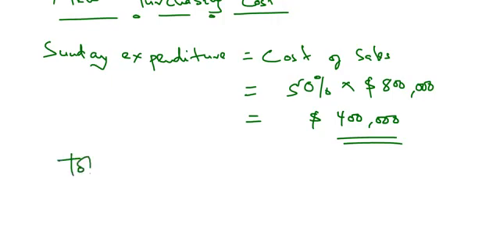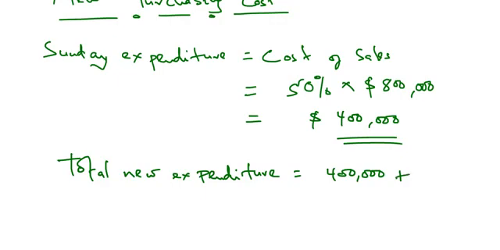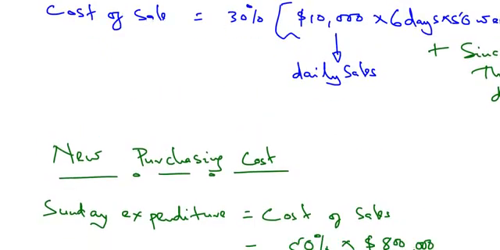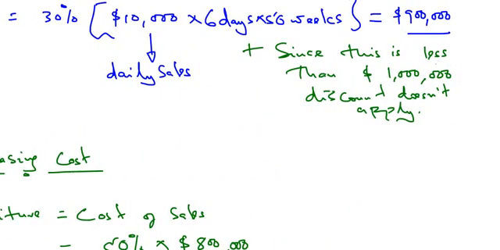So total new expenditure will equal the Sunday figure, which is 400,000, plus the 900. Now, do you remember where the 900 is coming from? The 900 is the current level of spending right here.